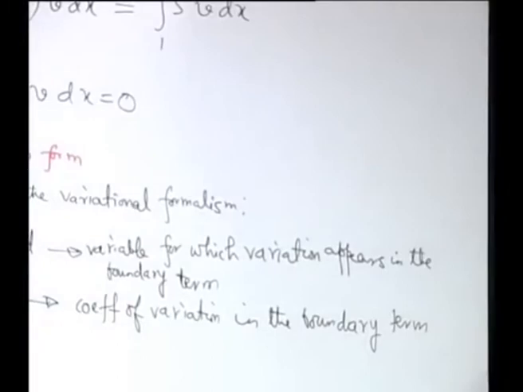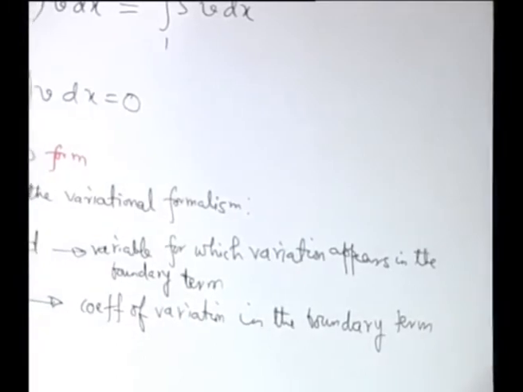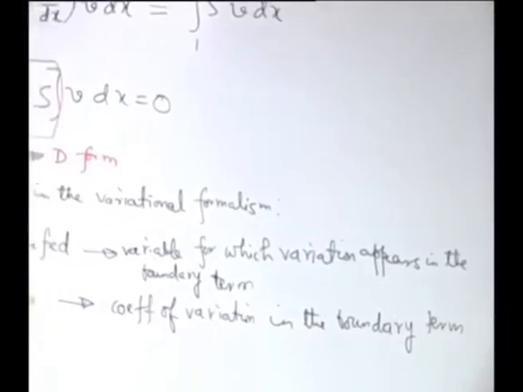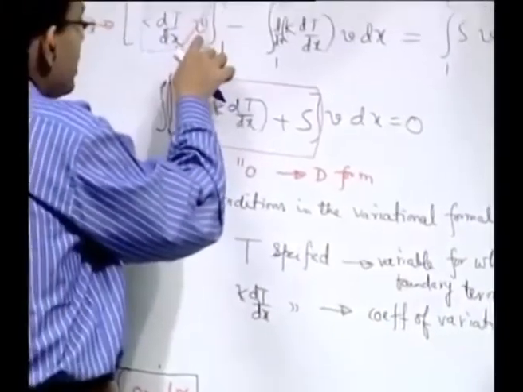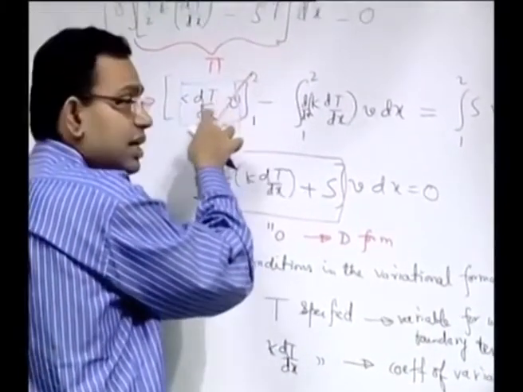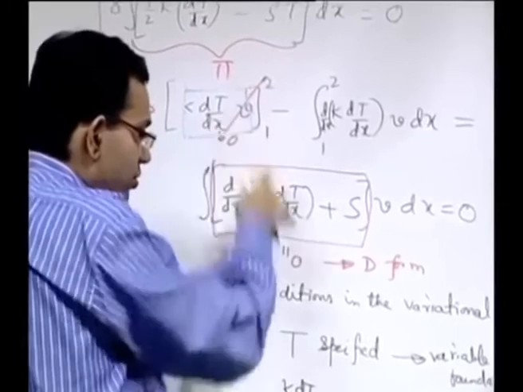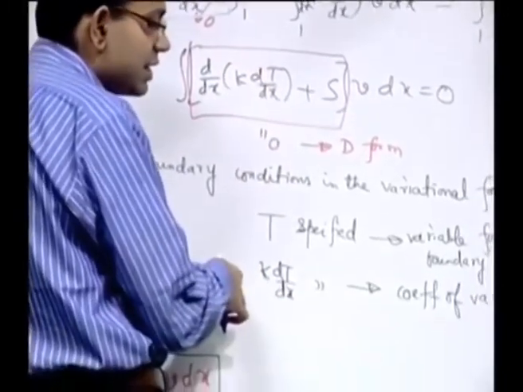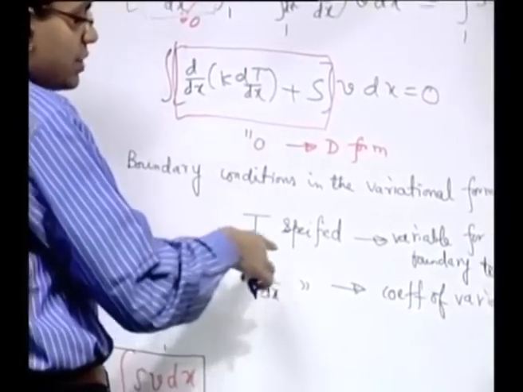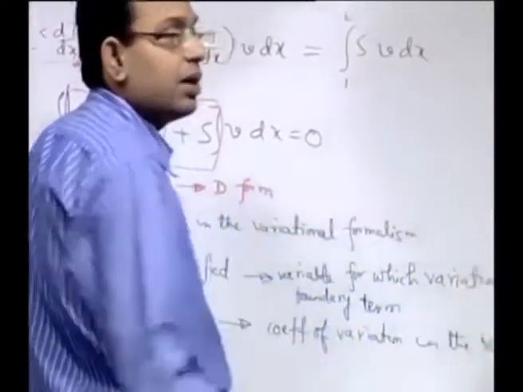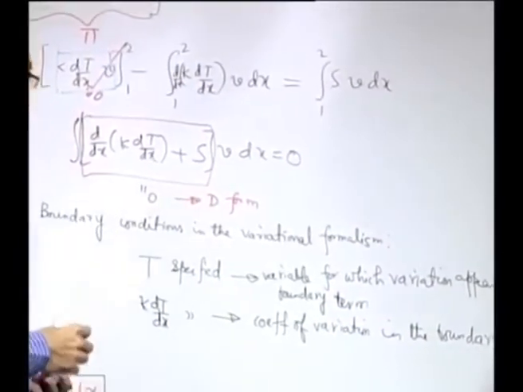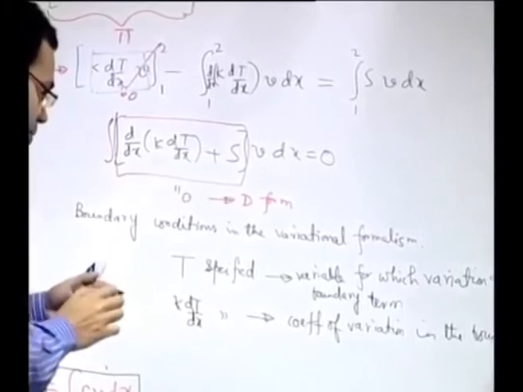If you look at the boundary term carefully, V is the variation, so its coefficient is k dt dx. So, specifying k dt dx is actually specifying the coefficient of variation in the boundary term. So, these are the two types of variables.